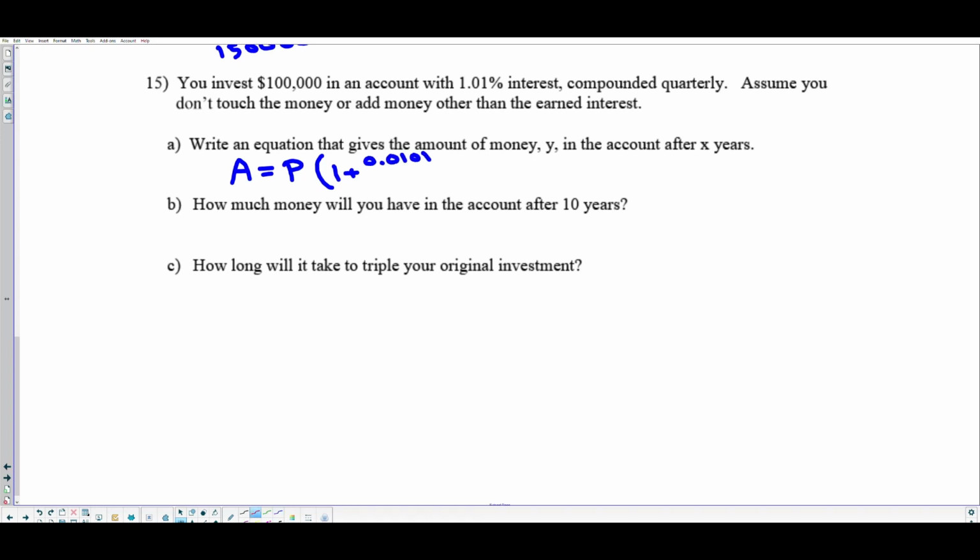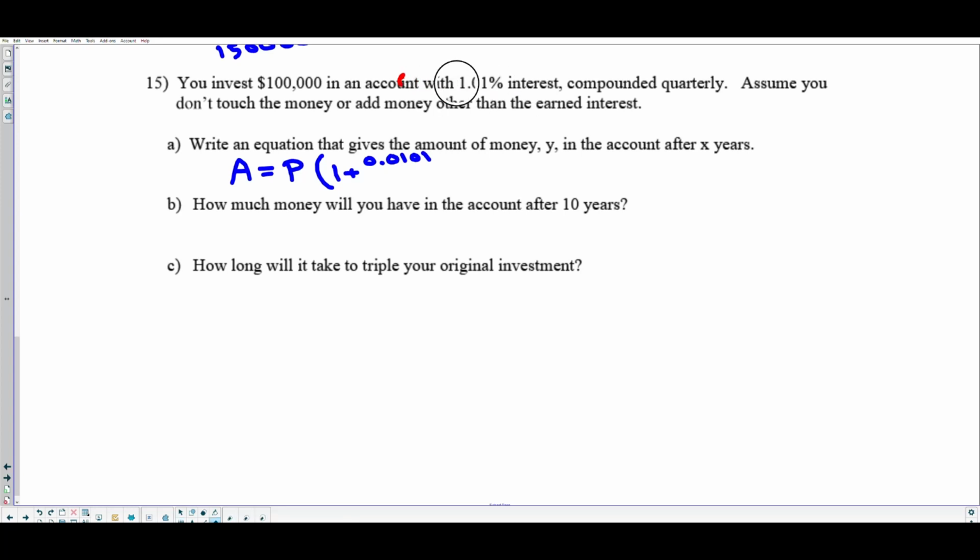This decimal right here, you move it two times to the left, and that's where your decimal goes. So one decimal place is a 0, and the next one is a 1. You can also put a 0 in front, or you don't have to. It's up to you. So it's going to be 0.0101.